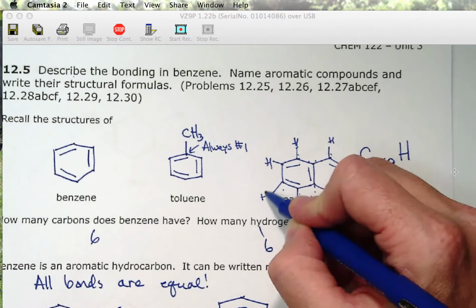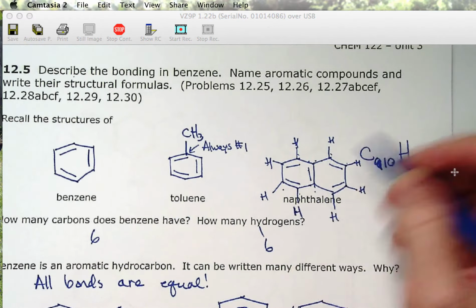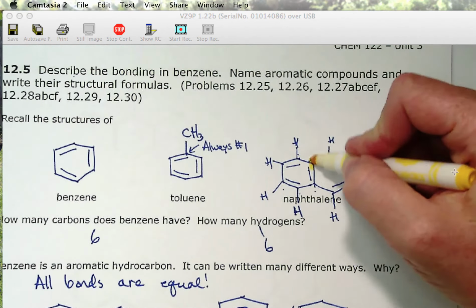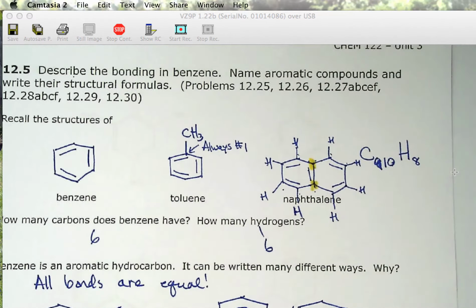Does everybody see why there are only 8 hydrogens? Those 2 carbons that are fused together have 4 bonds already, so they can't have any more hydrogens.